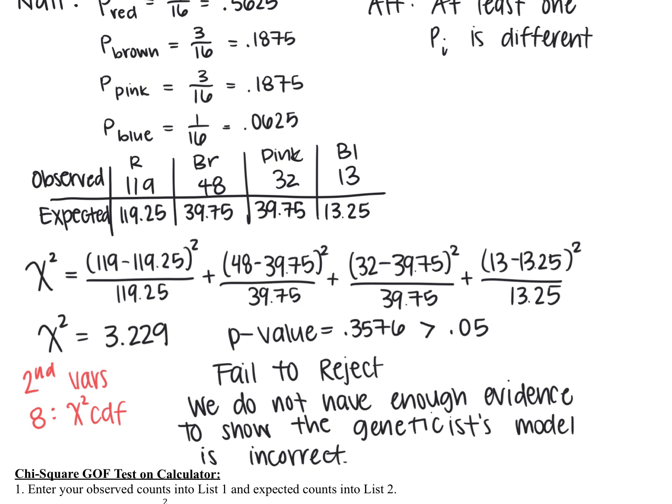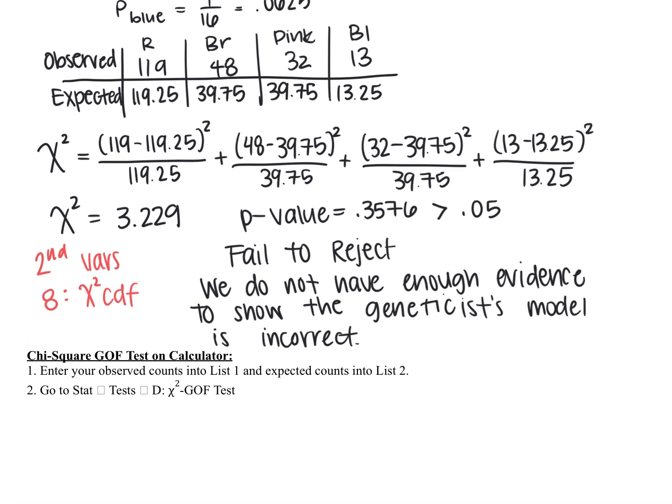The last thing I'm going to talk about is how you can do a chi-square goodness of fit test on your calculator. So just like we could run a significance test for proportion on a calculator, you can do the same thing for a chi-square. So the first thing you have to do is enter your observed counts into list 1 and your expected counts into list 2.